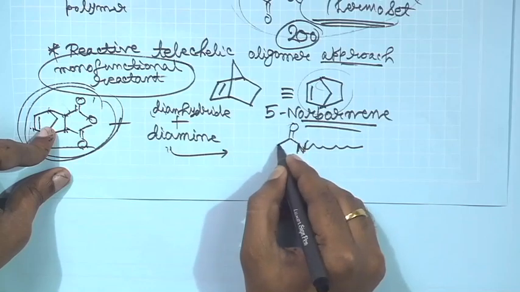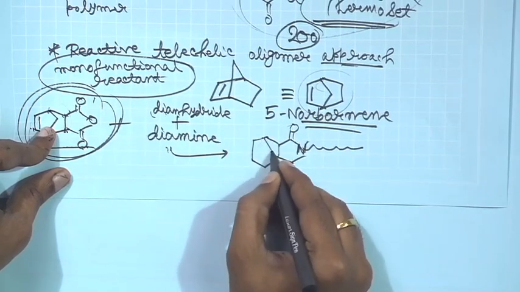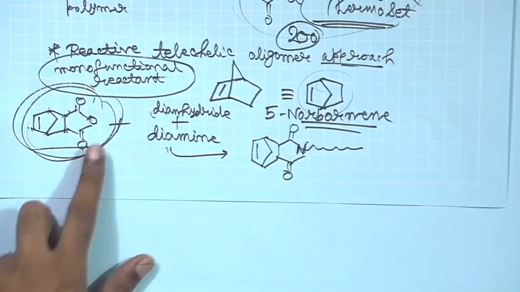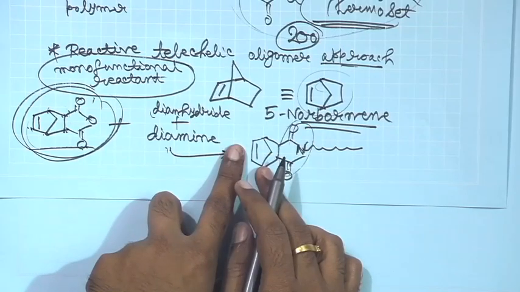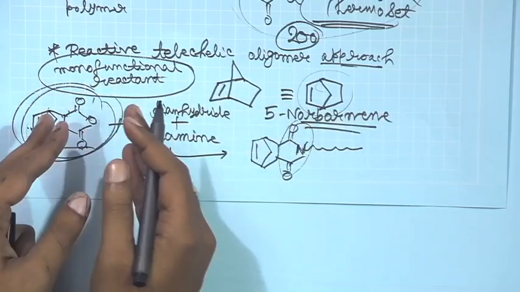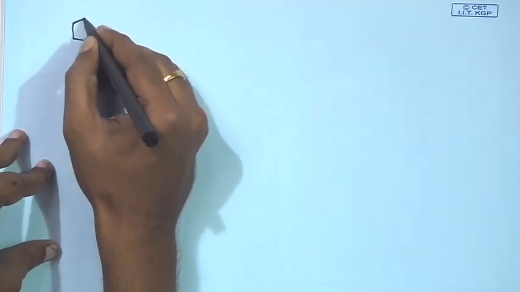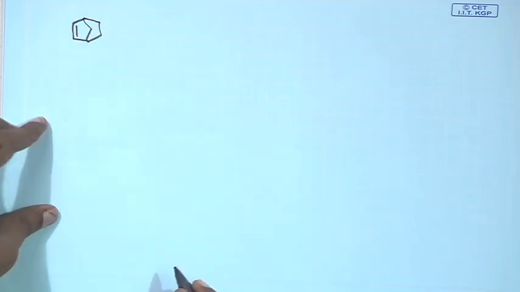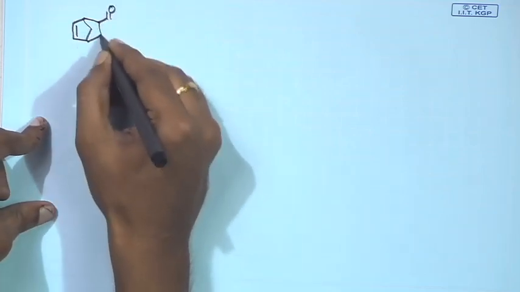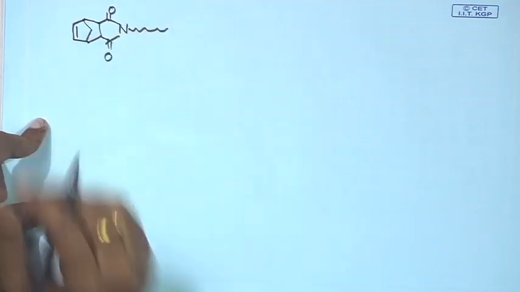So, at the end of the polymer chain we will have this unit, because this anhydride has reacted with amine to produce an imide linkage, but at the end this will stay because this is a monofunctional molecule. So, let me draw this again here. So, your polymer chain at the end you have this.